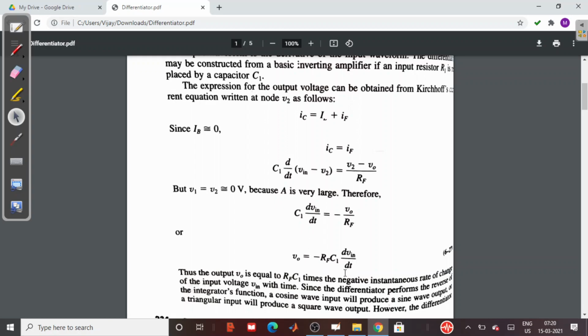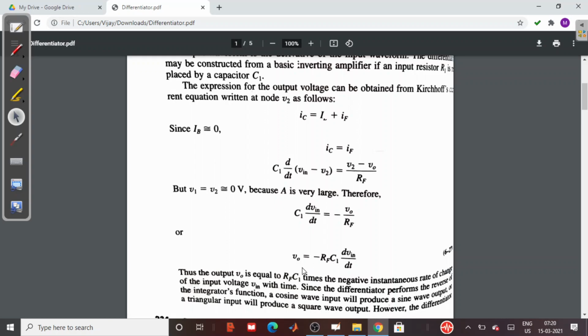So what does that mean? It means that the output voltage is the differential of the input voltage multiplied by RF into C1. Again you can see that the output is negative, which means that the input was applied at the negative terminal, right? So obviously you are going to get a negative output when compared to the input.